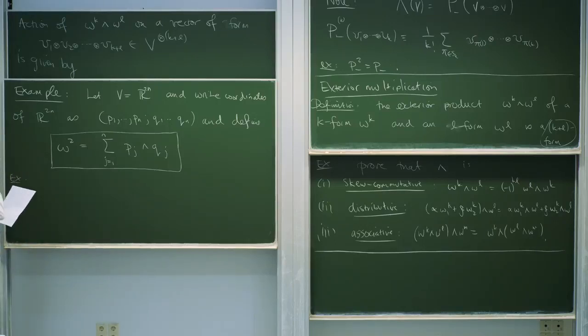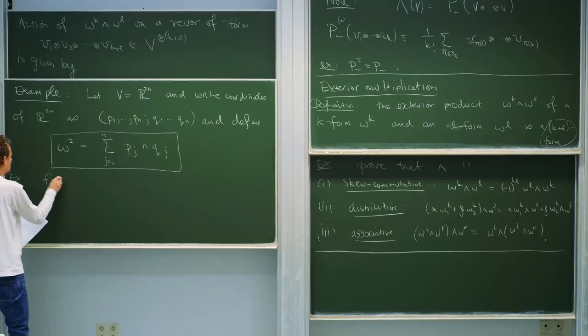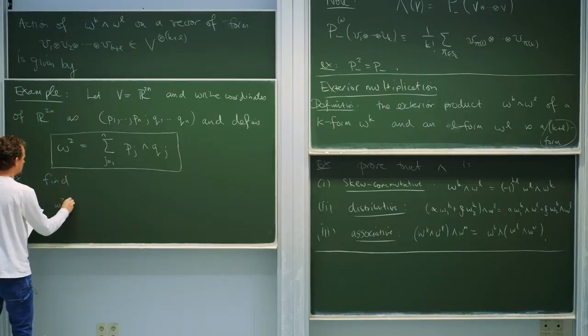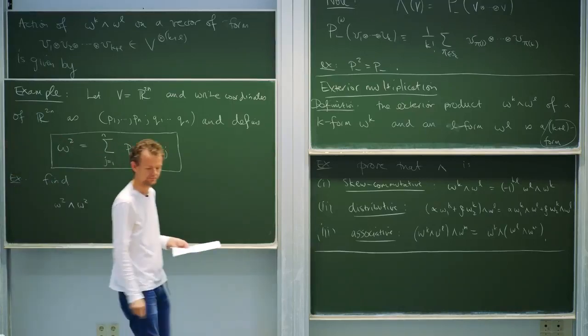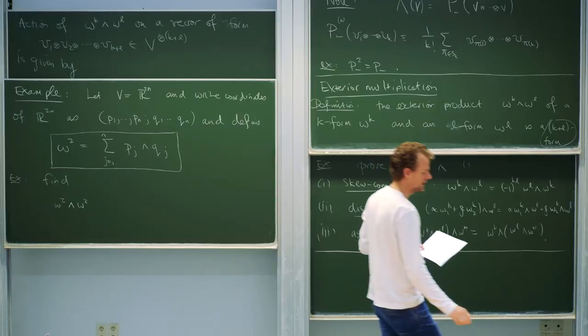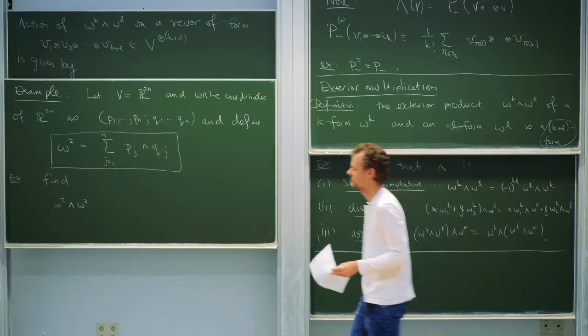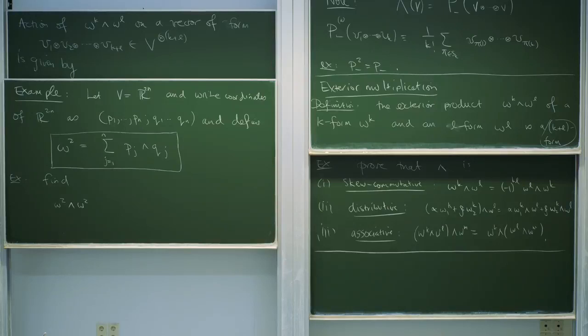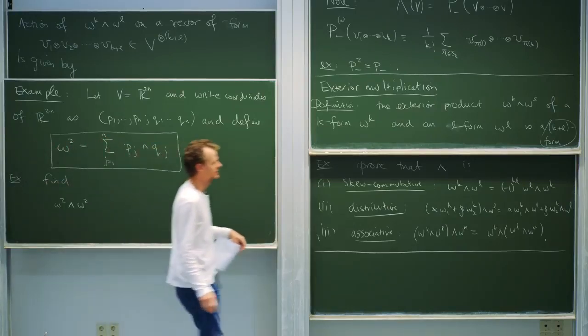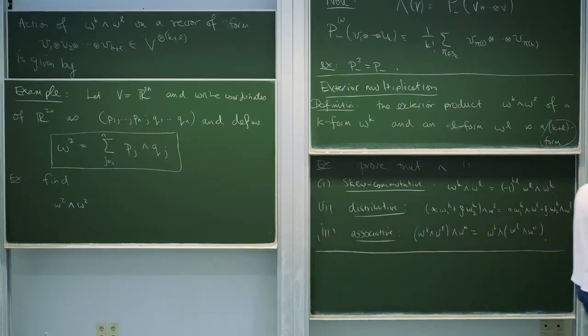Here's a little exercise to get you used to manipulations with these things. Take this two form. Actually, it's not entirely the symplectic two form that will occupy us. So the exercise is now take that two form and just wedge it twice, see what comes out.